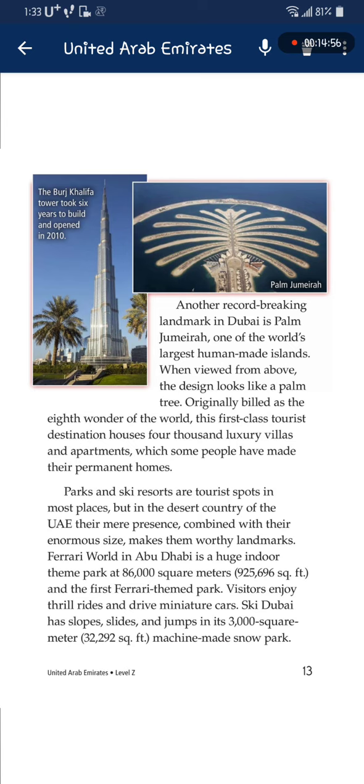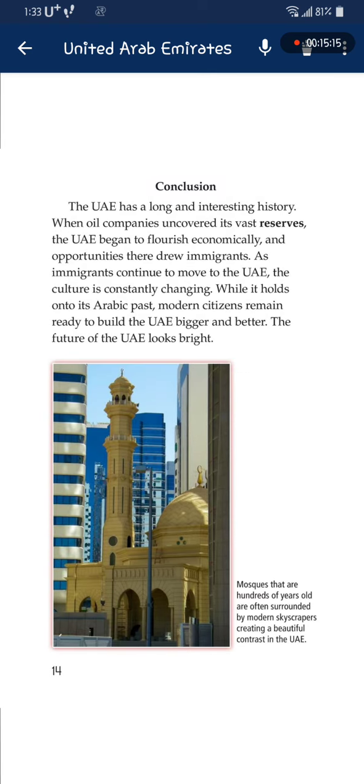At the first Ferrari theme park, visitors enjoy thrill rides and drive miniature cars. Ski Dubai has loops, slides, and runs in its 3,000 square meter machine-made snow park.